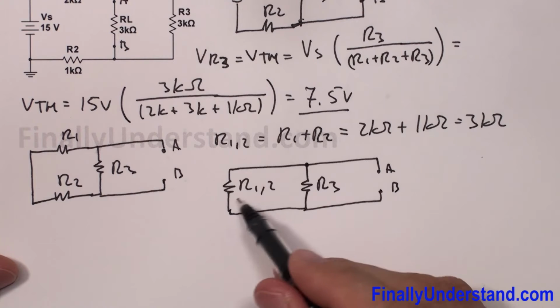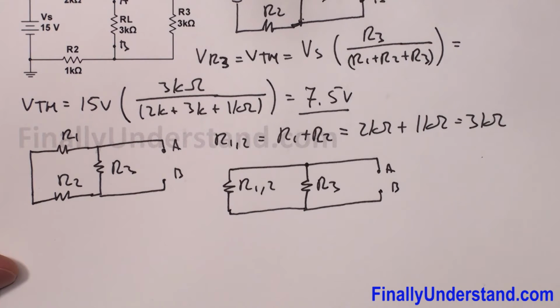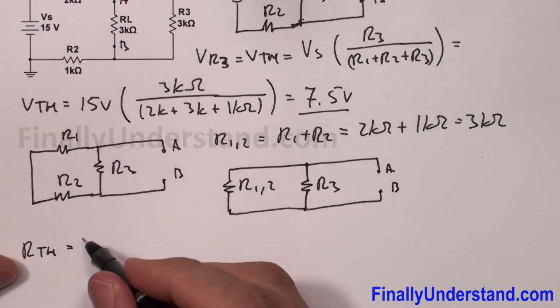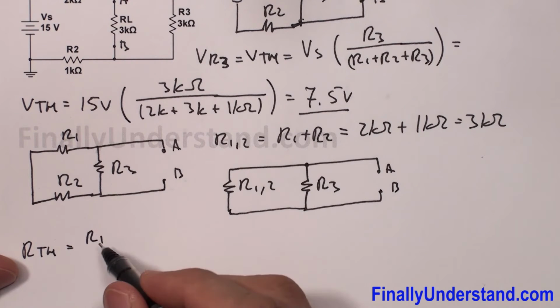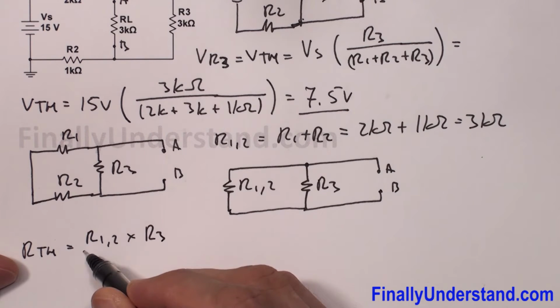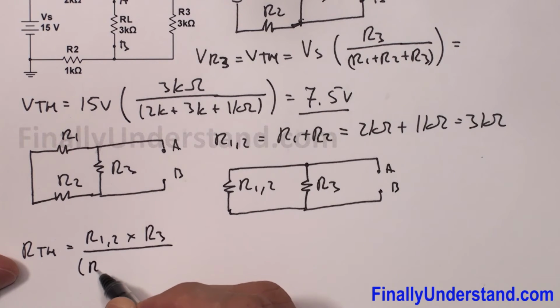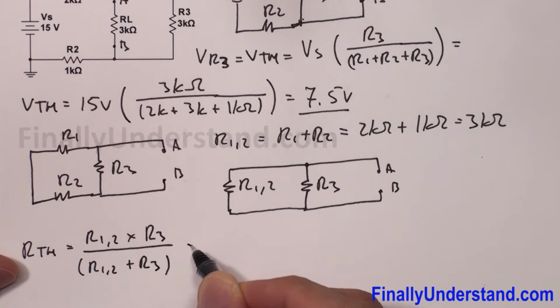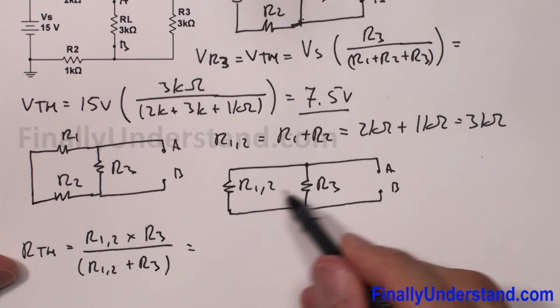So as you can see, these two resistors are in parallel, so I can find my RTH. RTH is equal to R1,2 times R3 over R1,2 plus R3, because they are in parallel.